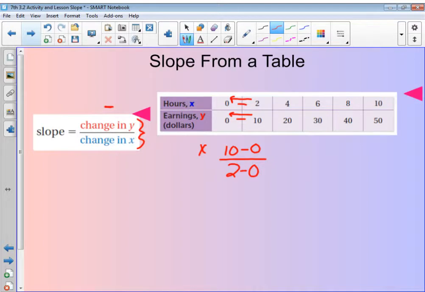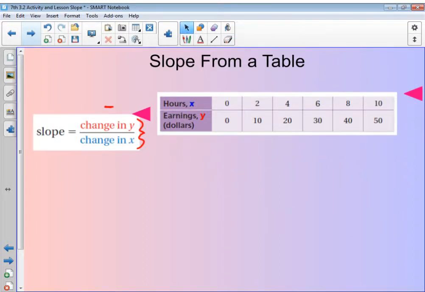I can't flip-flop, because that's going to change whether your slope is positive or negative. Here, 10 minus 0 is 10, 2 minus 0 is 2. This reduces to 5 over 1, which is the same as a slope of 5. And if you leave it as 5 over 1, that's fine.